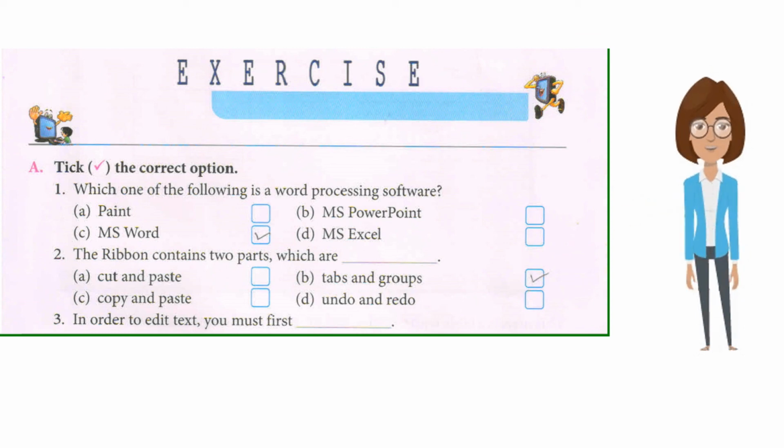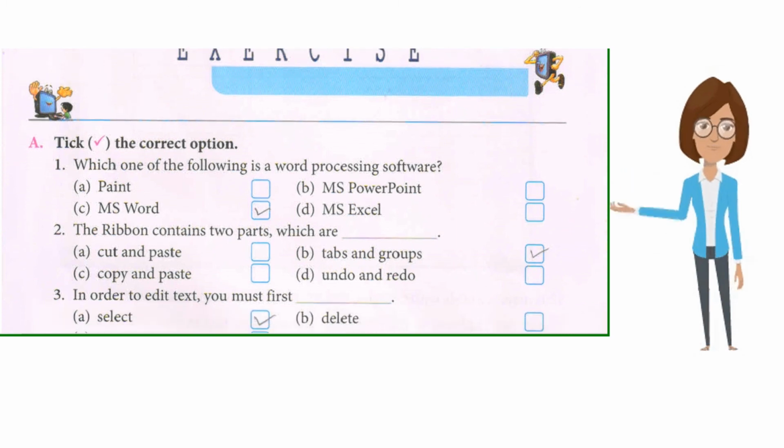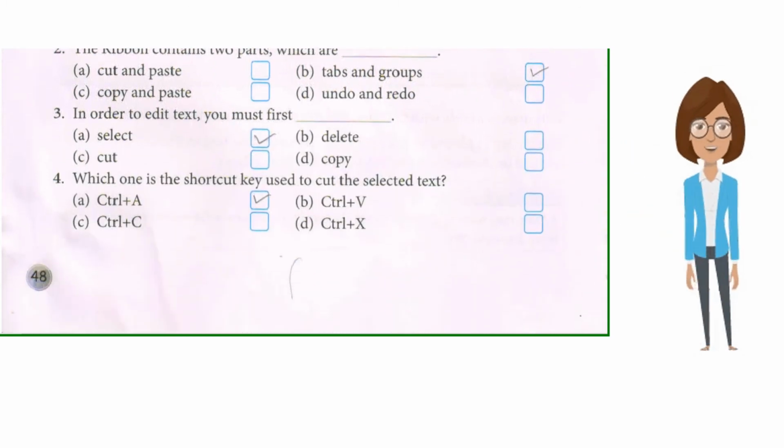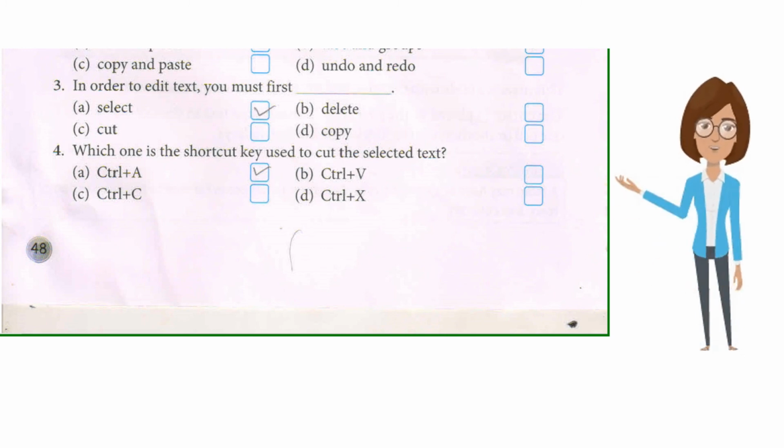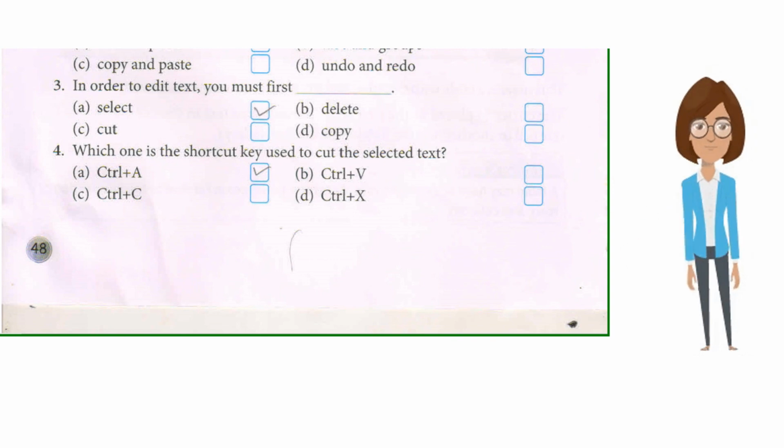Answer: tabs and groups. 3. In order to edit text, you must first dash. Answer: select.